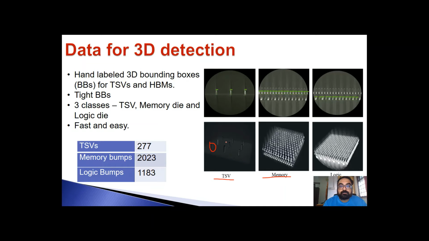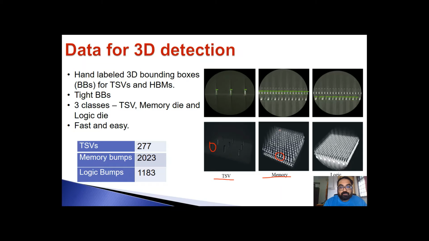And we can do that for TSVs as well as memory and logic bumps. Essentially, for each of these structures, we divide them into 3 classes: the TSVs, memory, and logic die, and we try to label very tight bounding boxes.